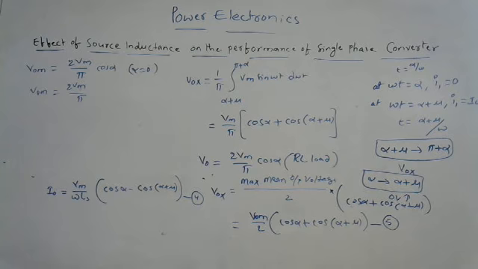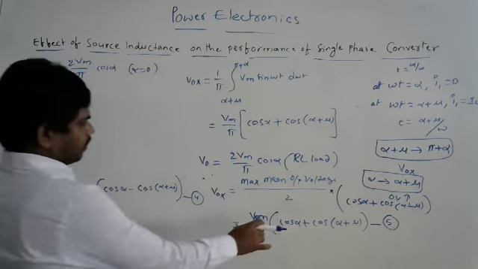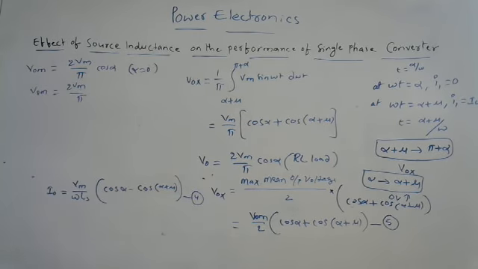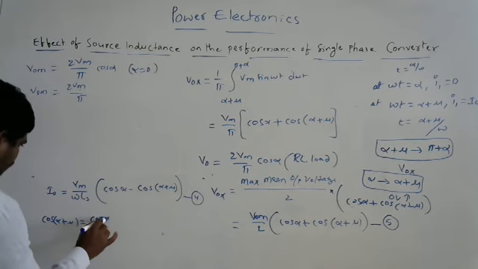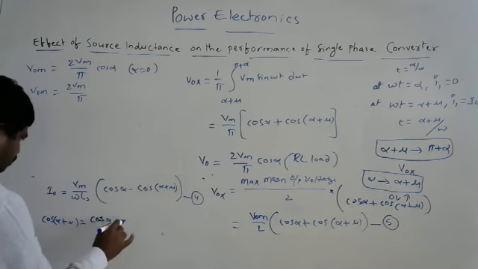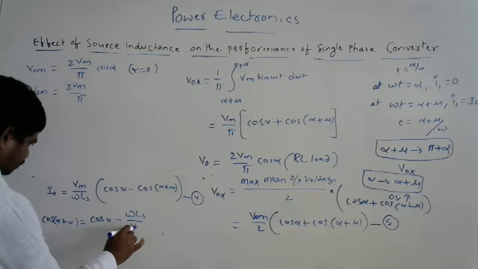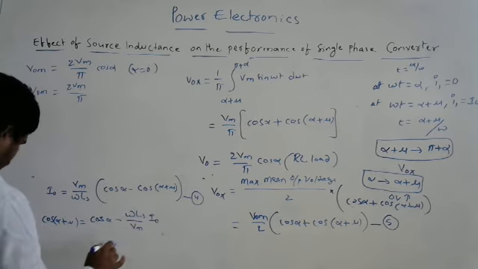So next we'll see, we just replace this cos alpha and cos alpha plus mu from this equation. Just write down the equation for cos alpha from this. Then cos alpha plus mu is equal to cos alpha minus omega Ls upon Vm into I naught.